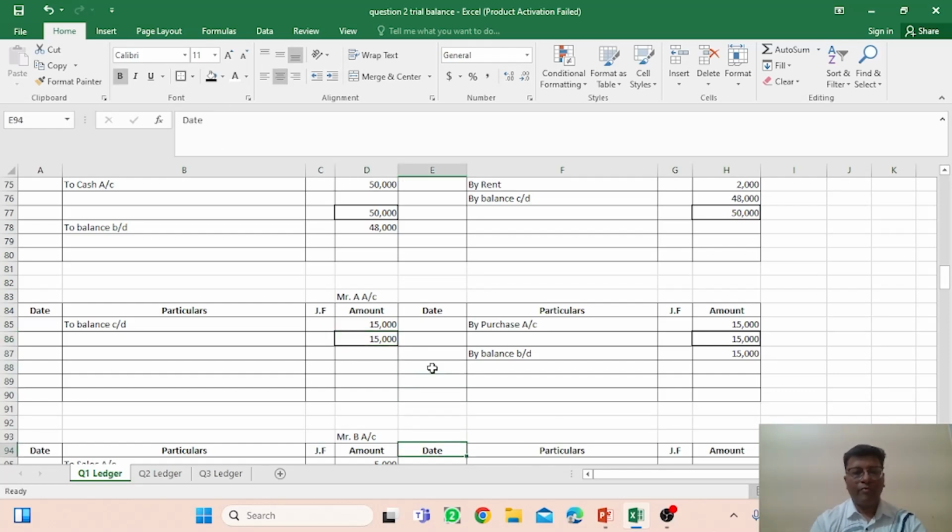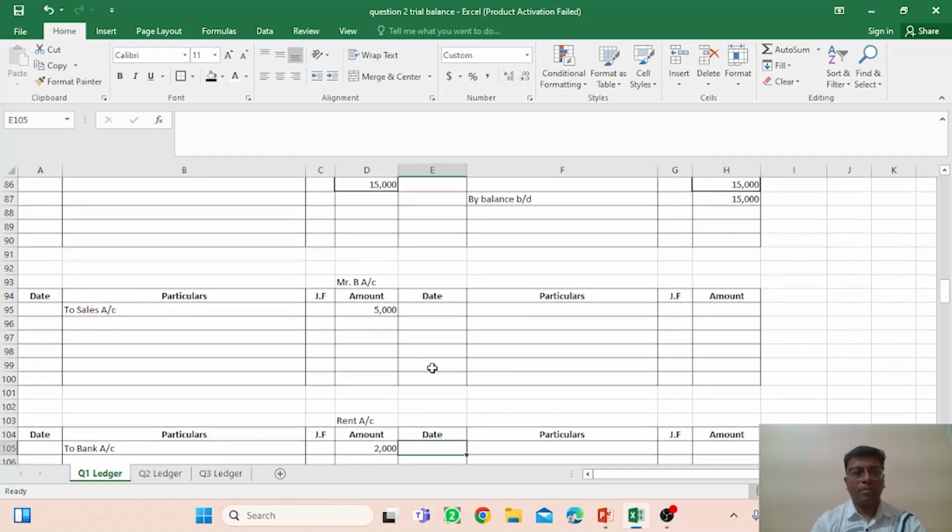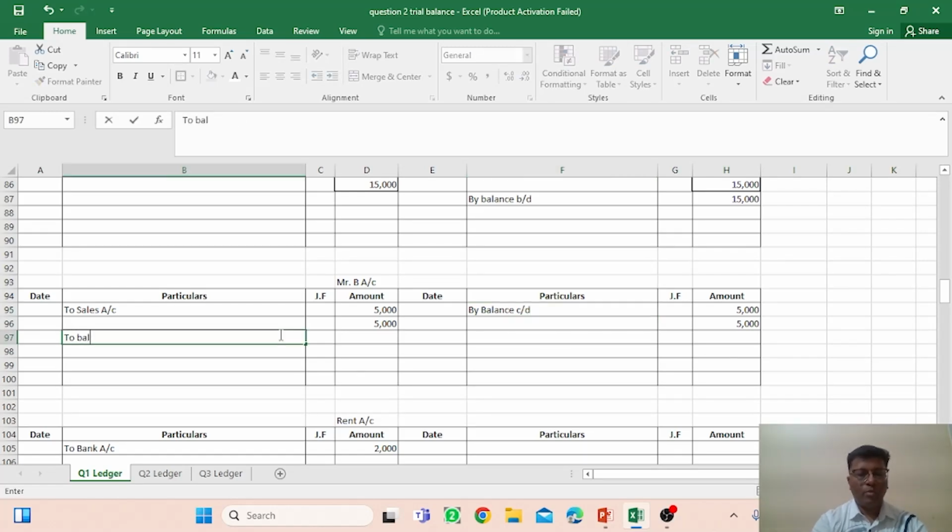Right, you have to close this particular amount, that is the B account, with amount rupees 5,000, and the same total would be written over there, 5,000, and the balance is 5,000 by balance CD, and to balance BD.